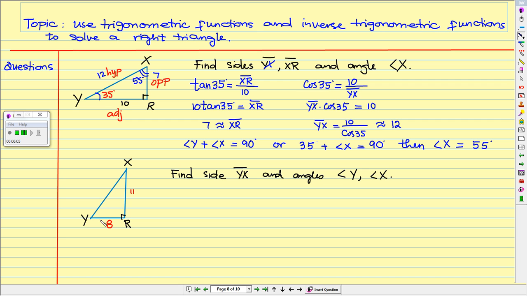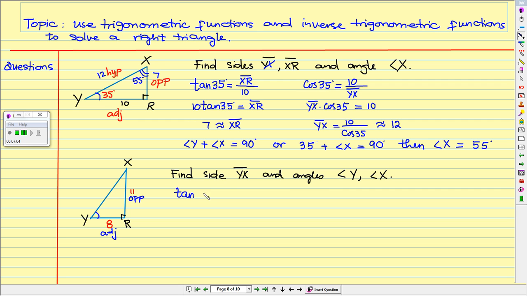Let's start by finding the angle first. I want to find the angle Y. The side XR is opposite the angle Y. The side YR is adjacent to the angle Y.